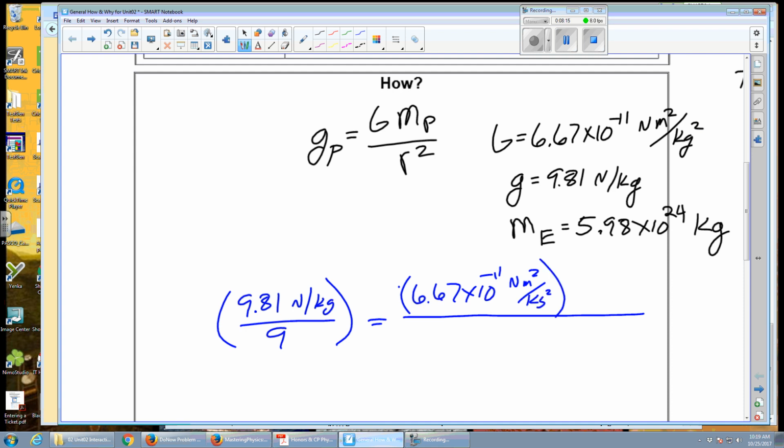So I better make sure my mass is in kilograms and my length is in meters, because that's what I've established. And newtons and kilograms over here too. So, okay, mass of the planet. The planet is the Earth.